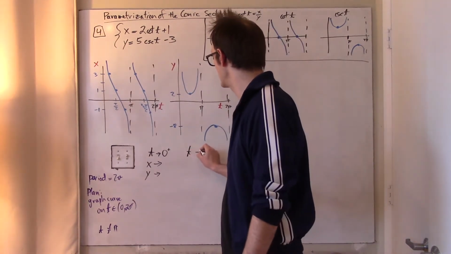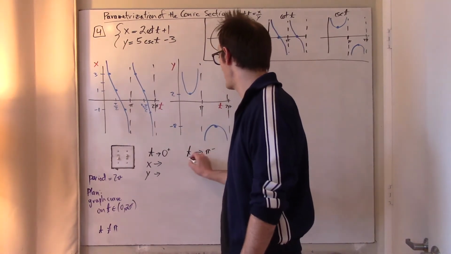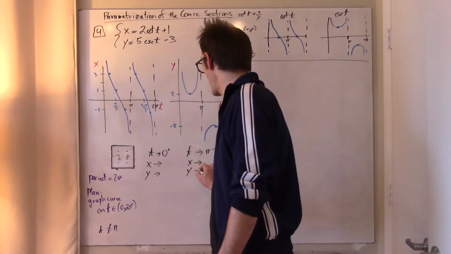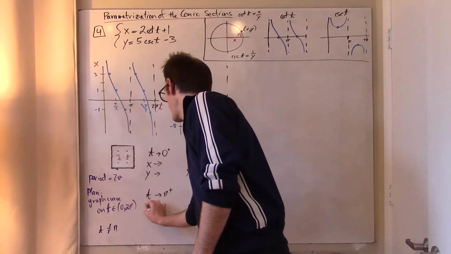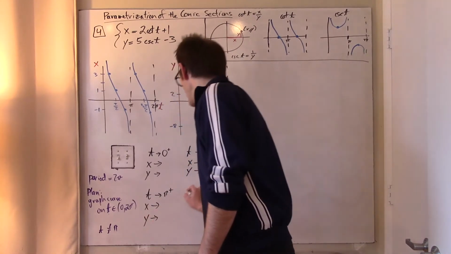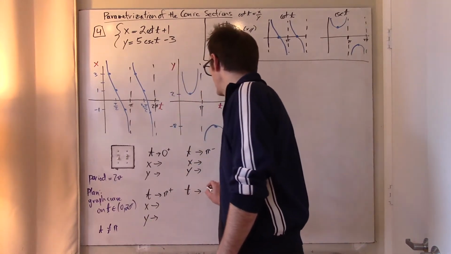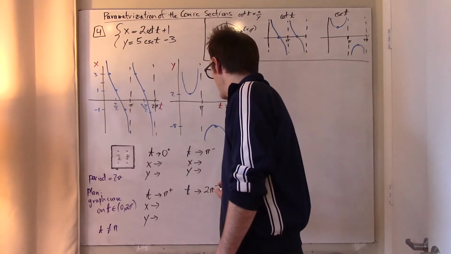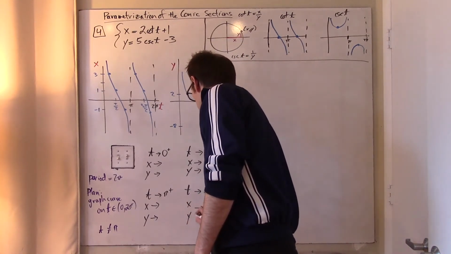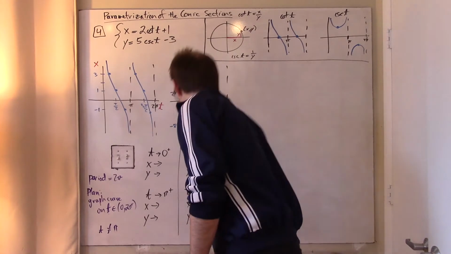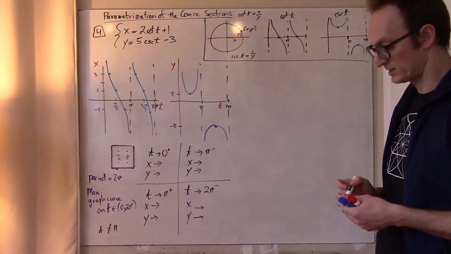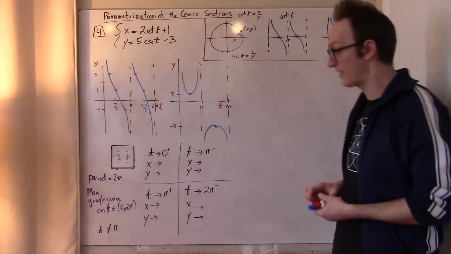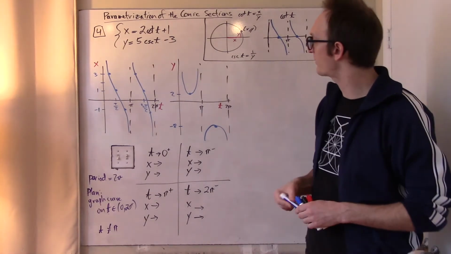And if t is a little bit less than pi, what are x and y doing? And if t is a little bit more than pi, what are x and y doing? And if t is a little bit less than 2 pi, what are x and y doing? So for the full correct analysis here, we need to answer all these questions. And I think all these questions are now very easy to answer because we have the graphs sitting right here.